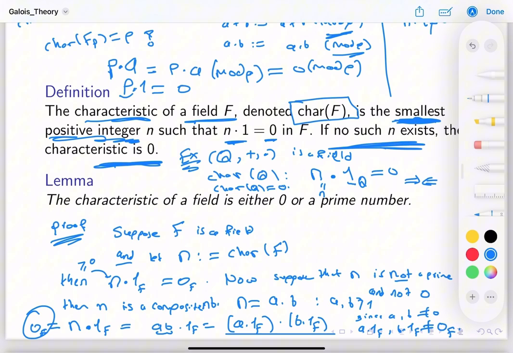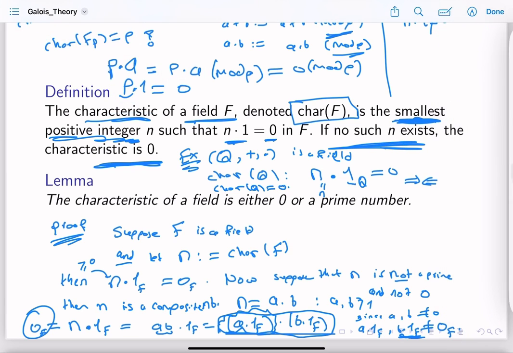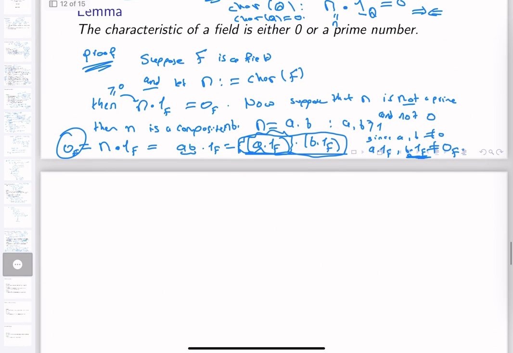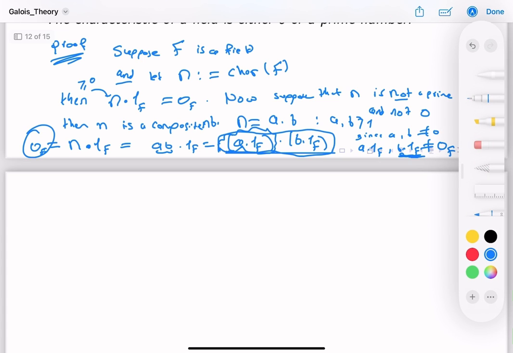If we multiply both sides by the inverse of one of these, this will imply that b dot 1_F is 0, but we already have that it's not 0, thus it's a contradiction. So it can't be the case that this equality holds. This whole thing leads to a contradiction.